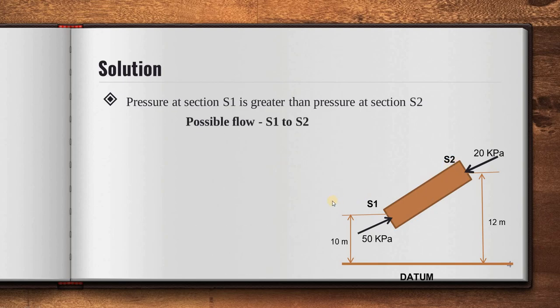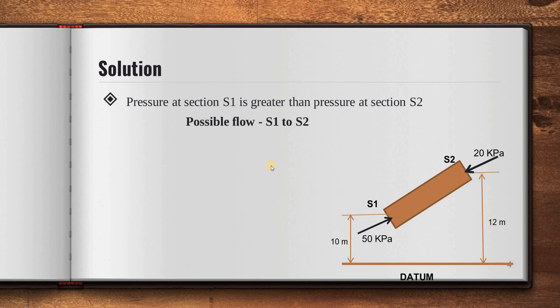So we can say that the possible flow is from S1 to S2, when we decide the direction of flow on the basis of pressure difference. So pressure at section S1 is greater than pressure at section S2, so obviously the possible flow will be S1 to S2.